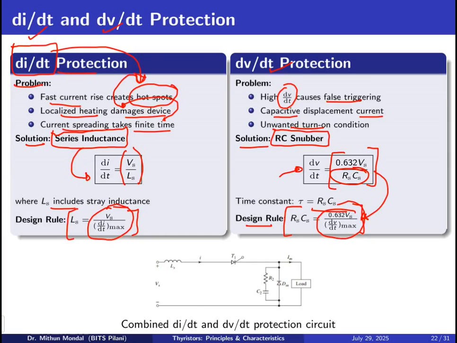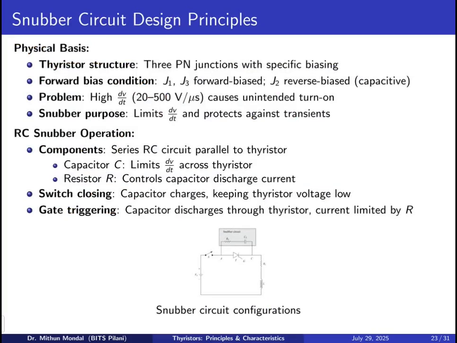This is the combined protection circuit, where you have the inductor connected in series with the thyristor, and an RC network forming the snubber circuit with the help of one diode. Both protections are very important, and let us see in detail the snubber circuit design. The thyristor is formed of 3 PN junctions with specific biasing.